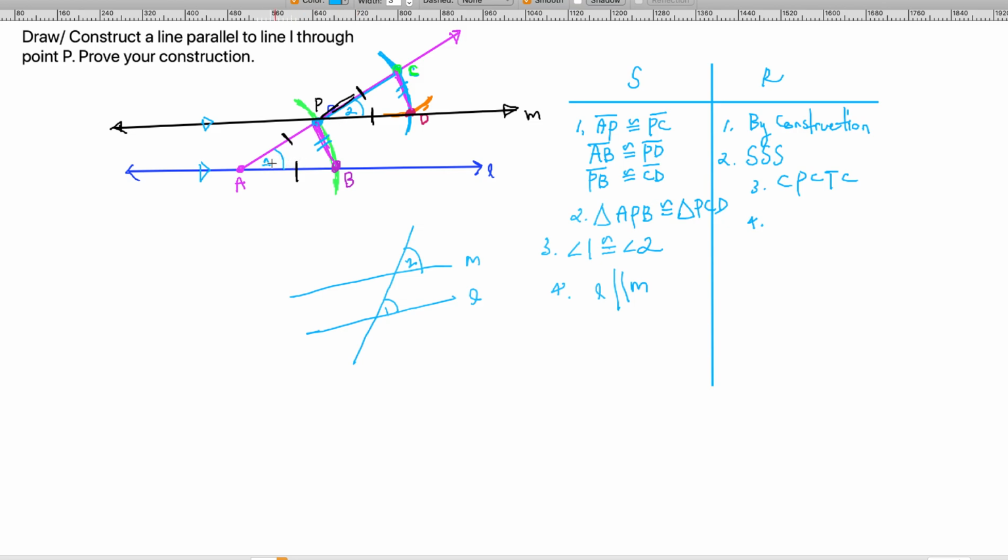So these two angles, they're corresponding and they're congruent, therefore L is parallel to M. And I say corresponding angles converse postulate. And this proves that my construction does what I want. I constructed a line parallel to L through point P.